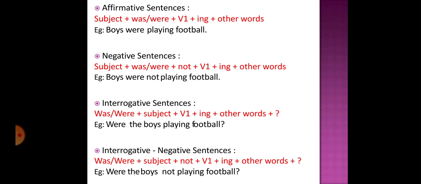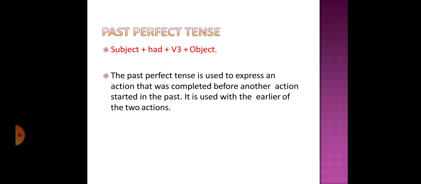Moving on to the past perfect tense. Subject plus had plus verb in the third form plus object. So in past perfect you use the verb had. The past perfect tense is used to express an action that was completed before another action started in the past.